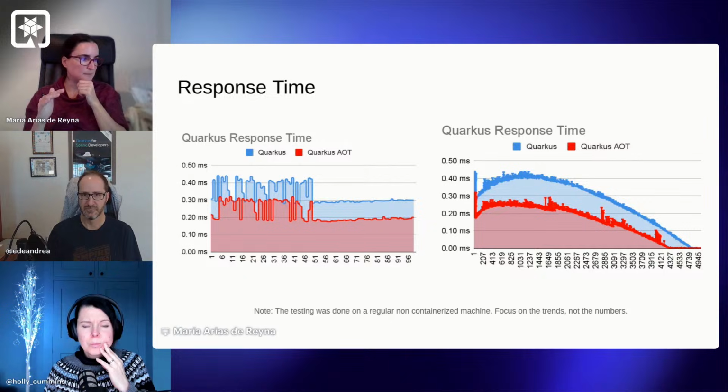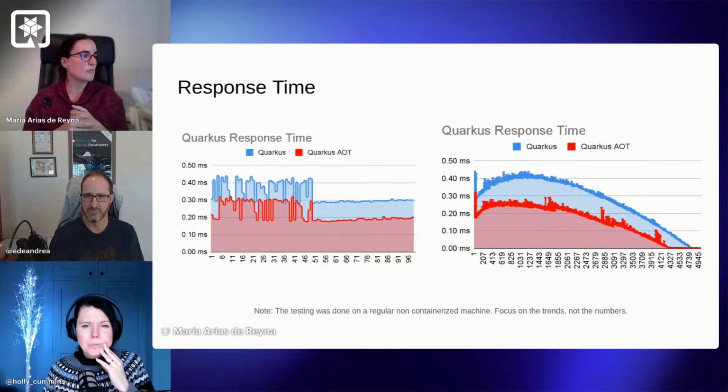It's very interesting to see that both the Leyden and non-Leyden have a similar curve. The only difference is that as the AOT cache already has some things loaded into memory, it is just a bit faster reaching peak performance.